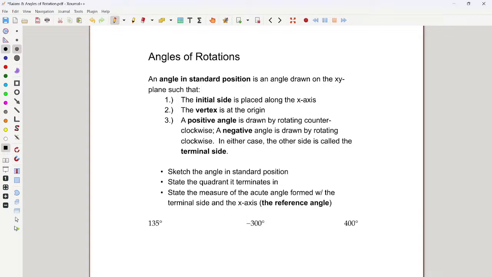Angles of rotation. A standard position angle, or an angle in standard position, is an angle on the coordinate plane, number one.